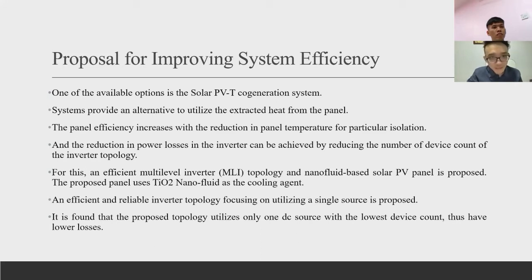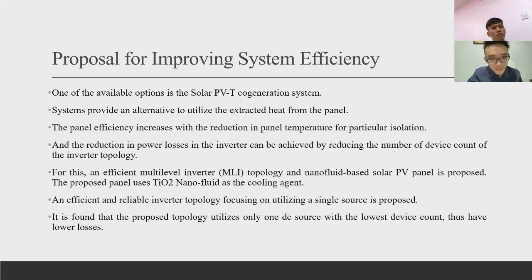The reductions of power losses in the inverter can be achieved by the number of device count, the technology, and the inverter topology. For this, an efficient multilevel inverter, MLI, topology and a nanofluid-based solar PV panel is proposed. The proposed panel uses titanium oxide nanofluid as a cooling agent.